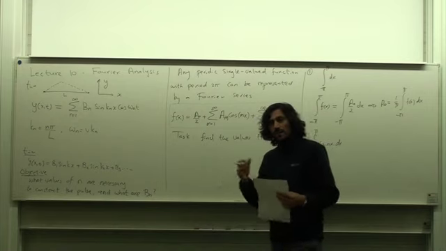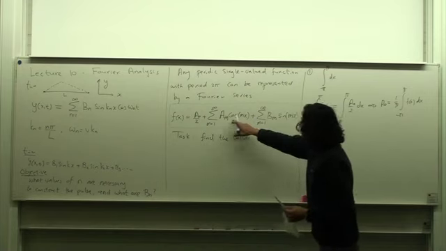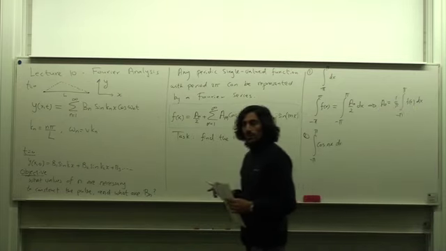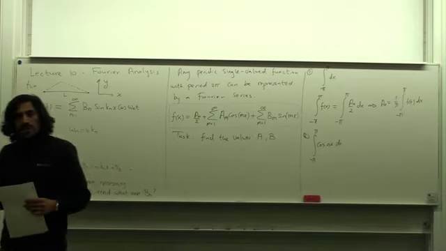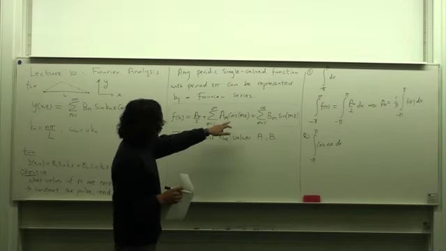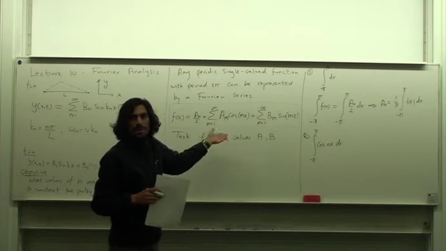So if n and m are different, cosine mx times cosine nx would give you a 0 as well. So the only terms that won't be 0 is the cosine squared, when m equals n.